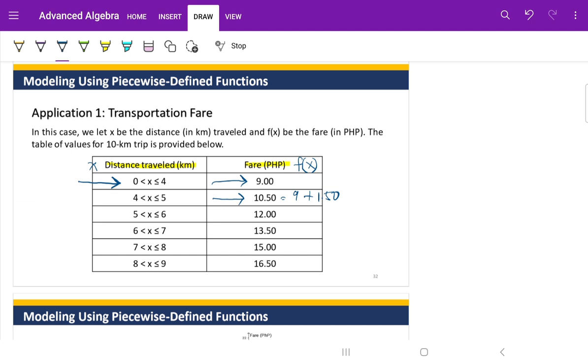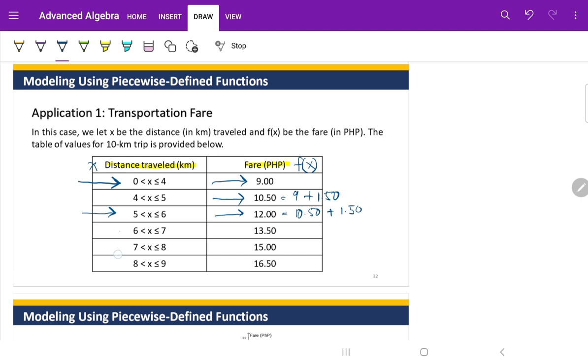If your trip, however, exceeds 5 kilometers but less than 6, then from the previous computation of 10 pesos and 50 cents, you are going to pay another extra 1 peso and 50 centavos. Therefore, the total amount is 12 pesos.